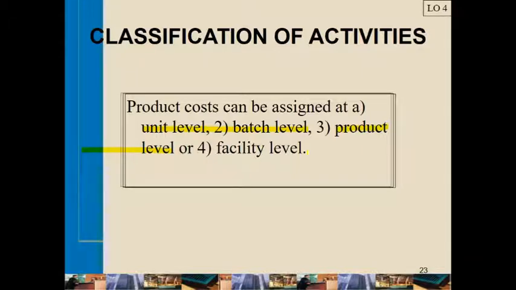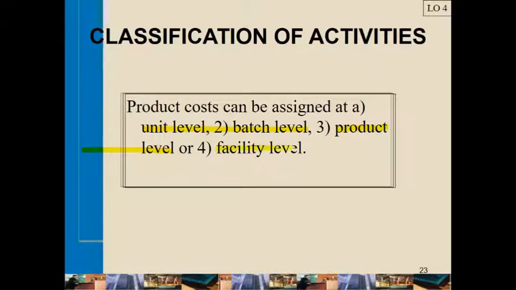These activities consume inputs that develop products or allow products to be produced and sold. Their costs tend to increase as the number of different products increases. Examples include engineering changes, development of product testing procedures, marketing a product, process engineering, and so on and so forth. Those are product level costs.